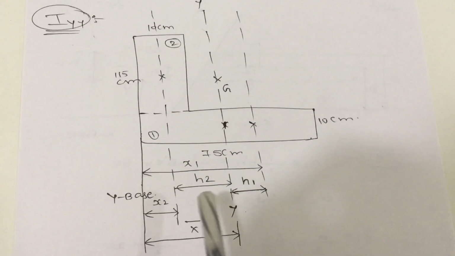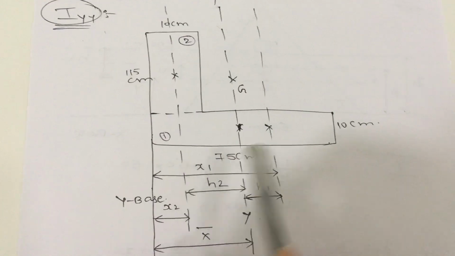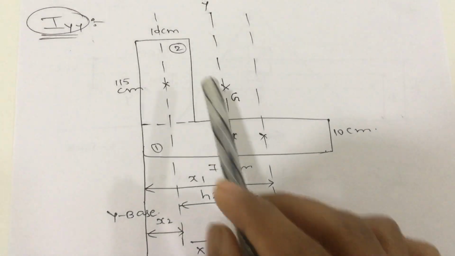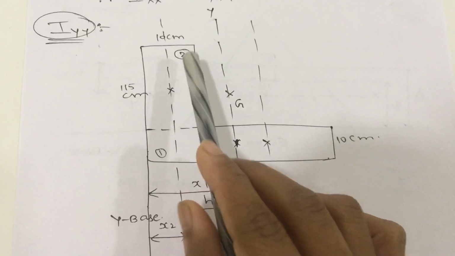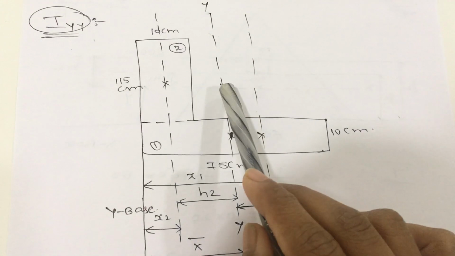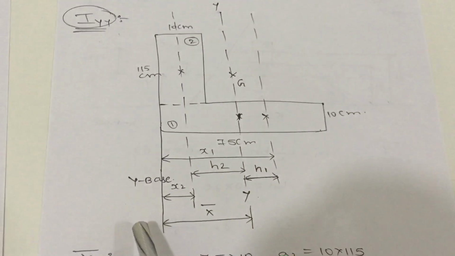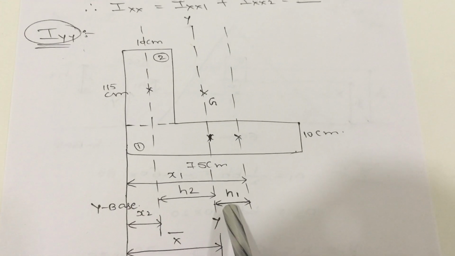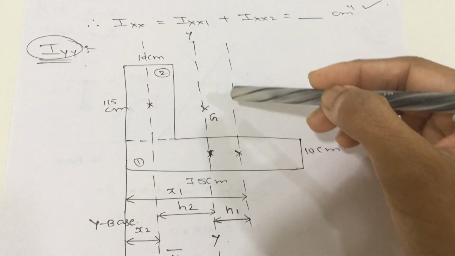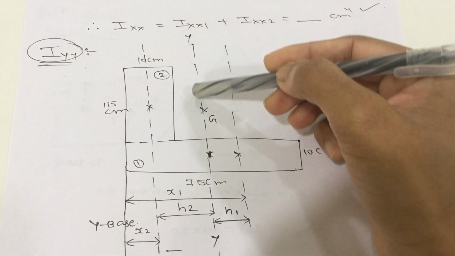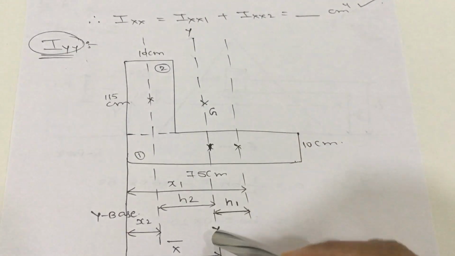Next, here x1 is the distance from the centroid of the first section to the y base. x2 is the distance between the centroid of the second section and the y base. Next, x bar is the distance from the centroid of the complete L section to the y base. Next, h1 is the distance between the centroidal y axis of the first section and the centroidal y axis of the complete L section.